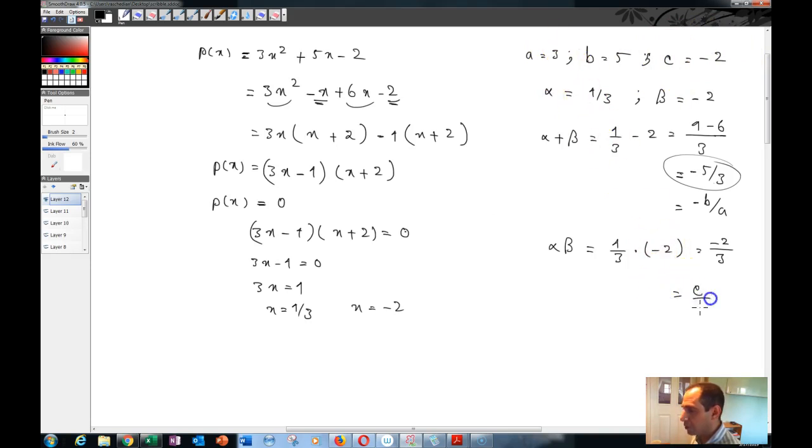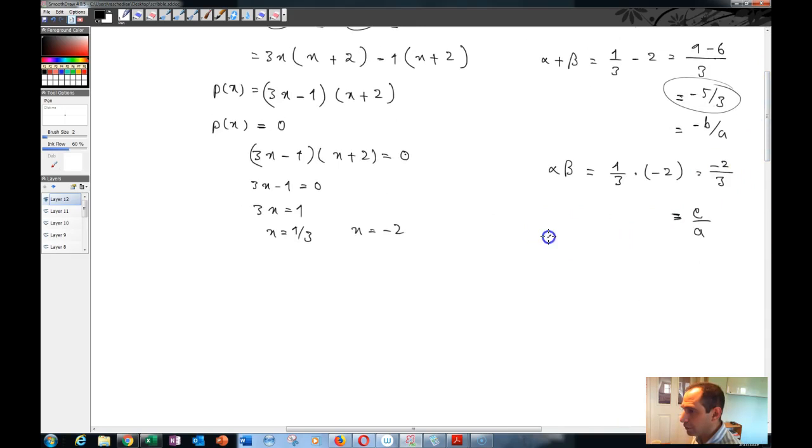If you calculate c by a, that would be negative 2 divided by 3, which is equal to negative 2/3. So again you can see that alpha plus beta is equal to negative b by a, and alpha beta is equal to c by a.